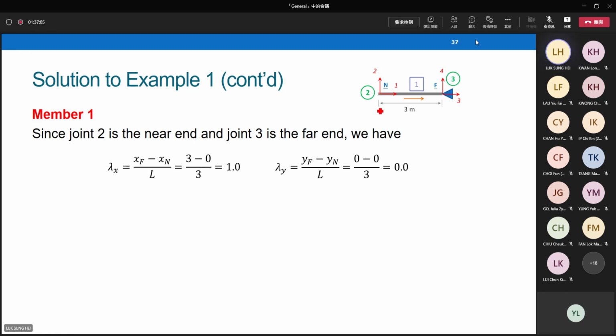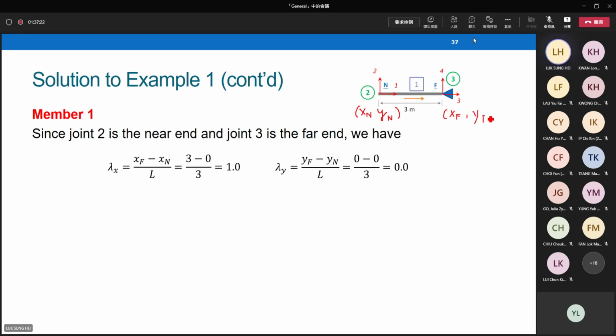Why is it important? Because the coordinate at node N, we call it xn, yn. The coordinate at node F, we call it xf, yf.